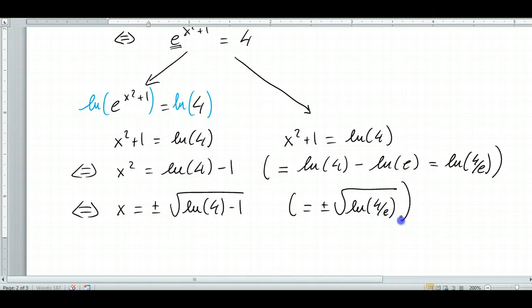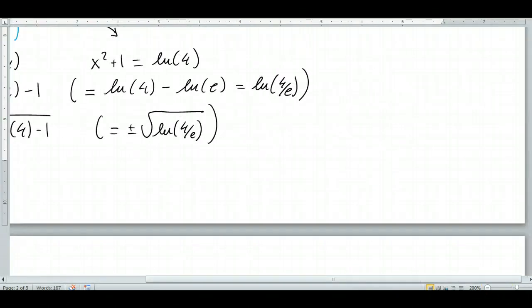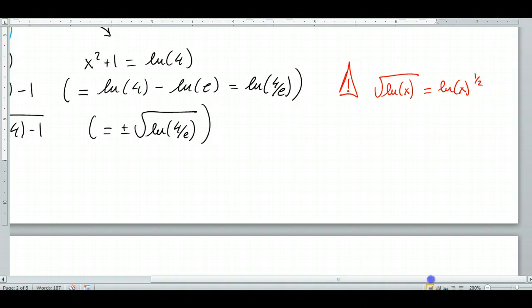Now please be careful. Warning sign right here. You see a square root right here, and you may want to bring it inside, right? Be careful. Square root of ln x is ln x to the 1/2, and this has nothing to do with ln of x to the 1/2, which would be ln of square root of x.